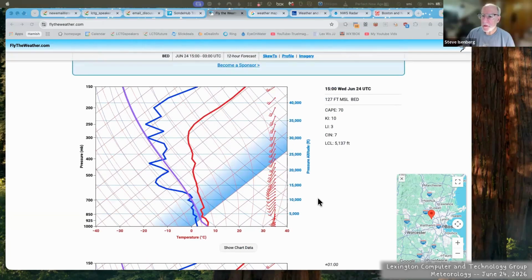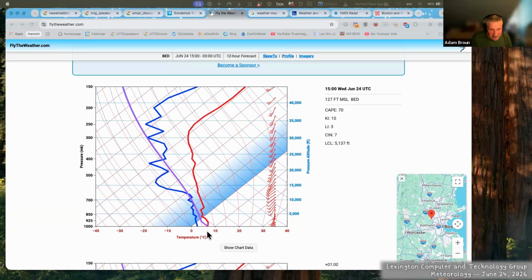So Adam, can you see what I'm presenting here? Yeah. This is from Fly the Weather. This is based on the Bedford 1500 UTC, which is 11 a.m. Right. Okay. It shows that along the red line, the dew point is below the temperature. I don't know what the purple line is.